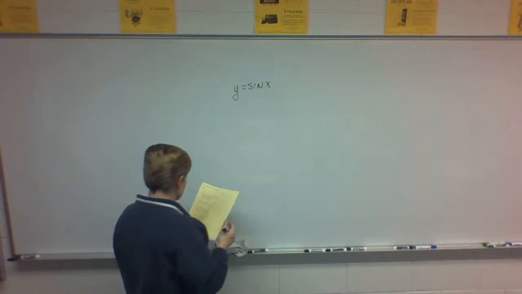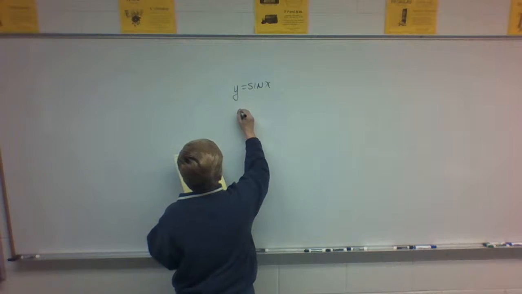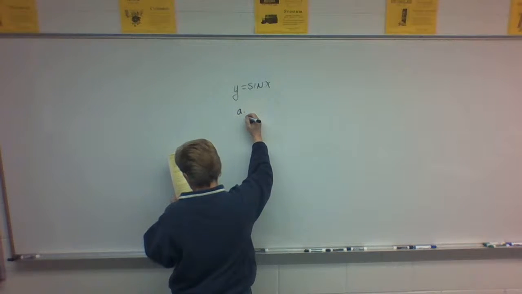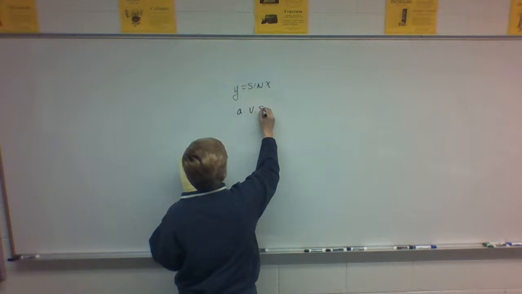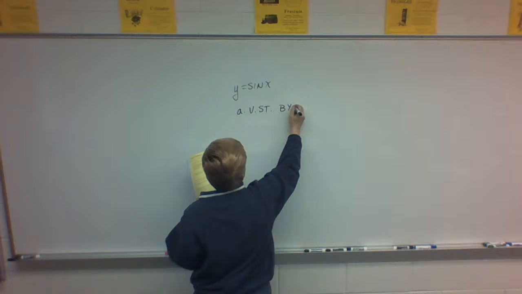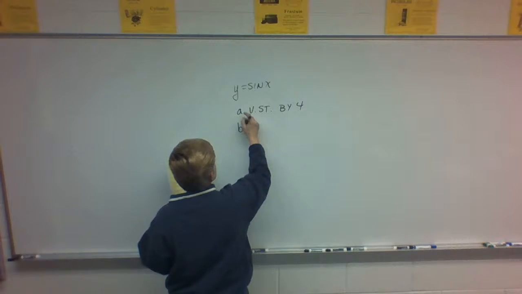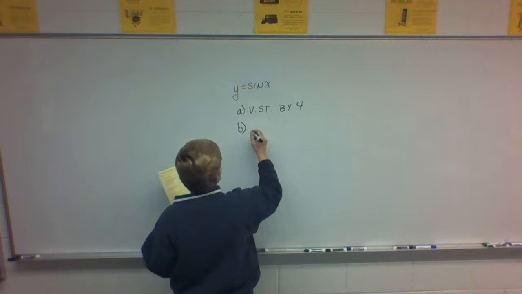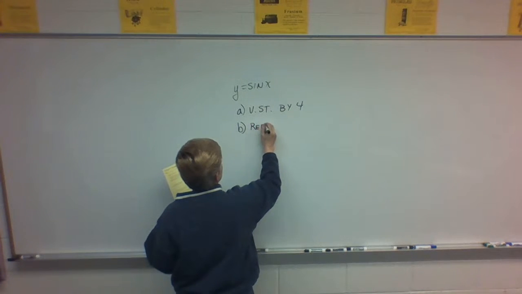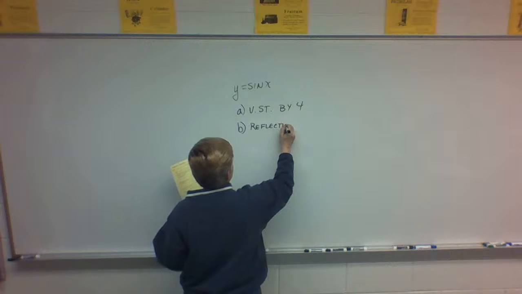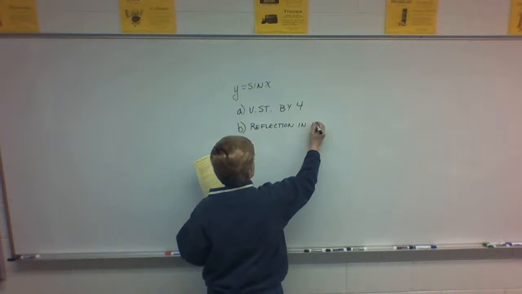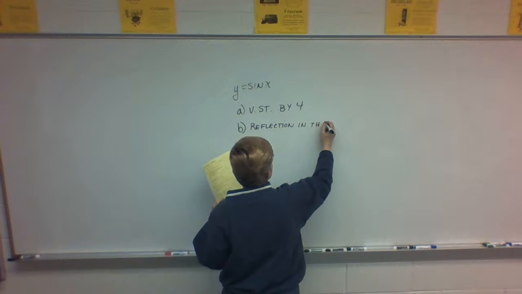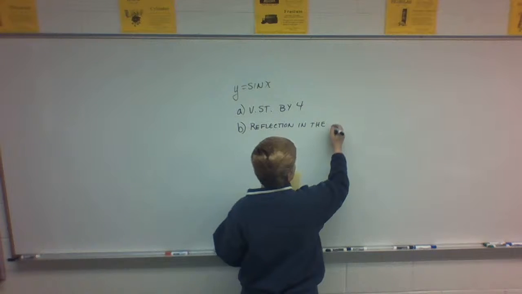And the transformations are like unto what I'm about to write. Not exactly, of course. A, the transformation is a vertical stretch by a factor of 4. B, I'm going to put parentheses on these so it doesn't look like a decimal. The B transformation is a reflection in the, which axis? The y-axis.